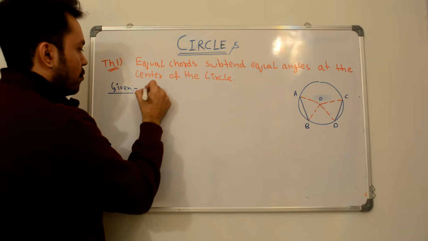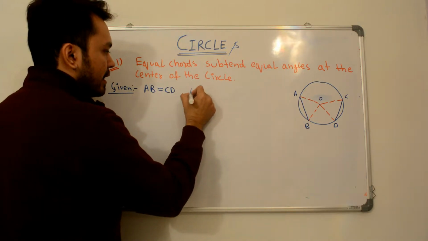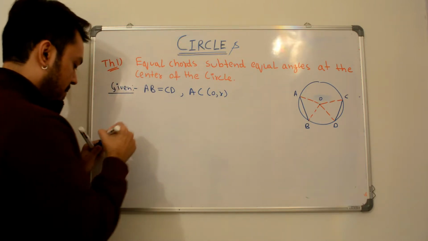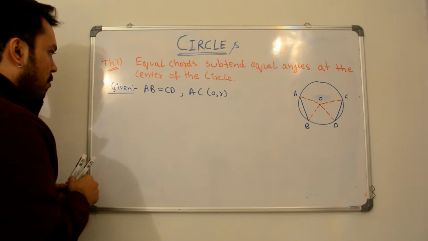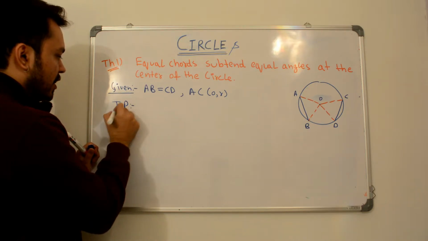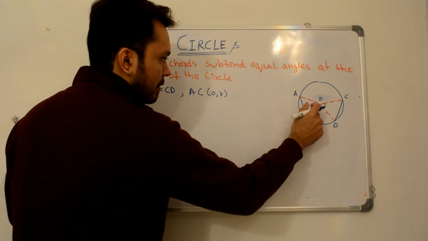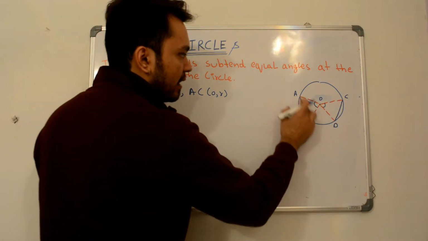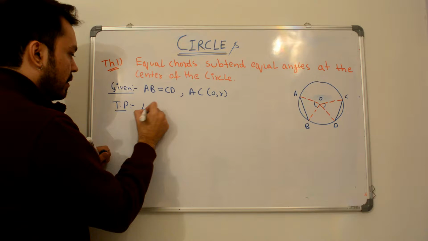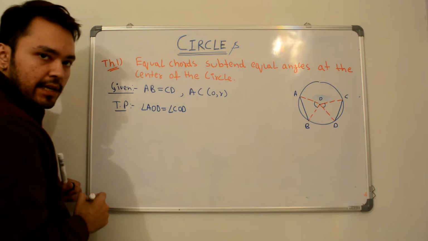Given is two chords AB equal to CD in a circle with center O and radius R, right? Now what we have to prove? We have to prove that angle AOD and COD, that is the angle subtended by both chords at the center of the circle, are equal. Angle AOD is equal to angle COD.